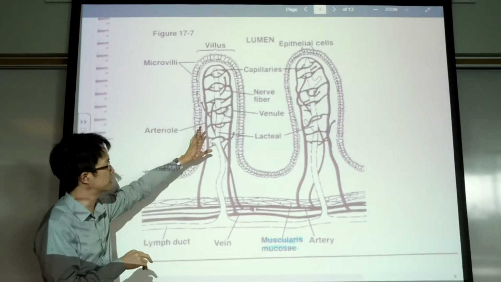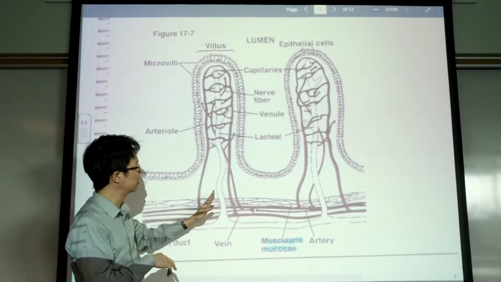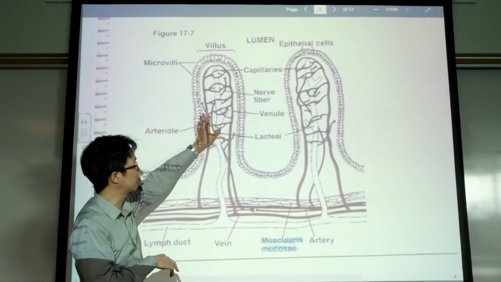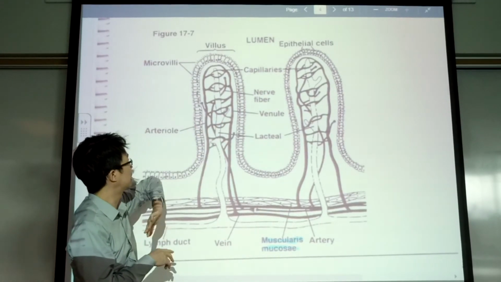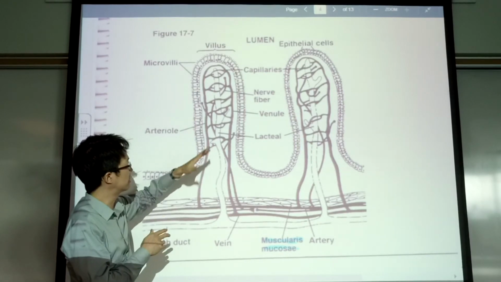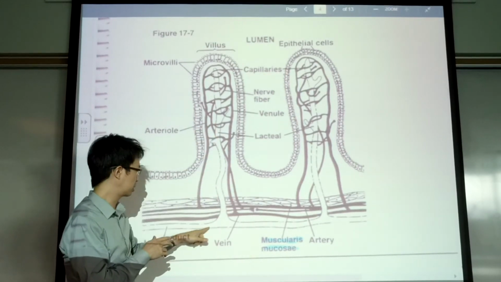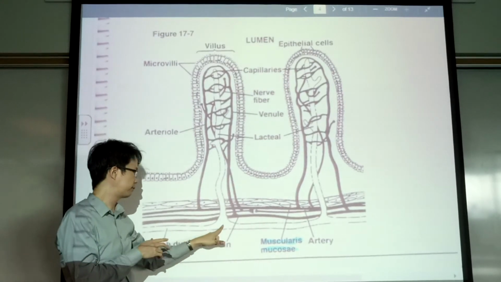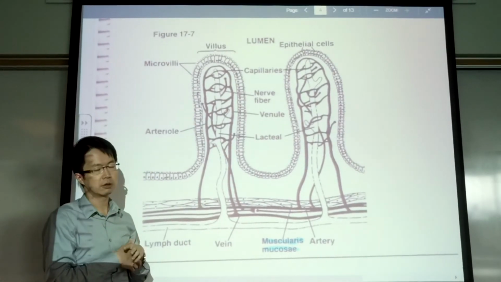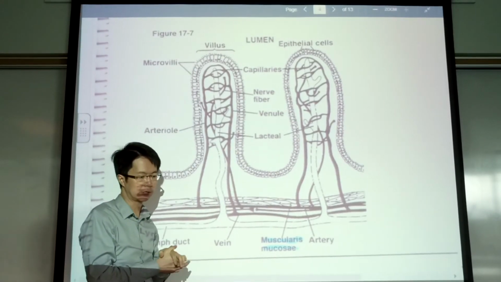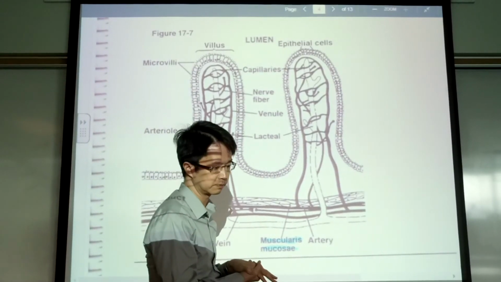So the main part is inside the villi. You have lacteal, and also you have capillaries surrounding it. Remember, lacteal is the one that connects to the lymph duct, and lacteal is the one that absorbs fatty acid and glycerol.